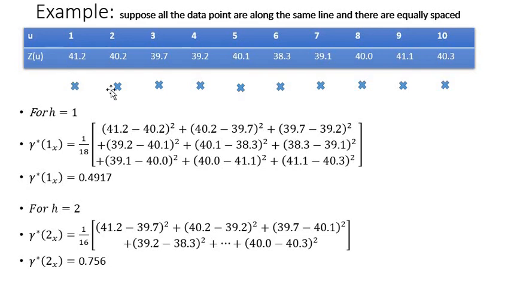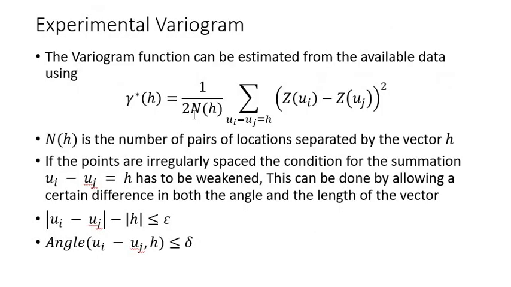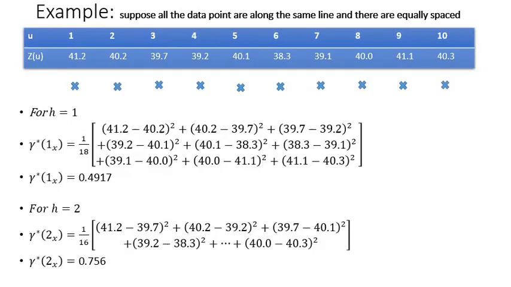You have 1, 2, this is a pair, this is a pair 3, this is a pair 4, this is a pair 5, this is another pair 6, 7, 8, and then 9. So you have 9 pairs. 2 times 9, that's where this 18 is coming from. So you have 9 pairs that are separated by vector h1, and times 2, you get your 18.